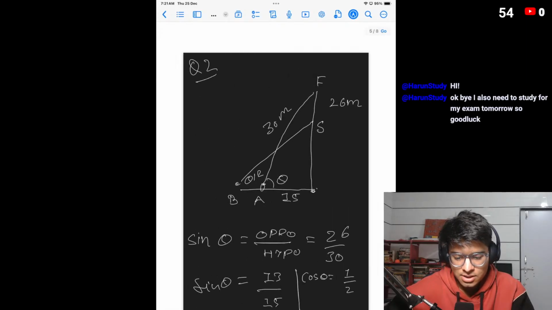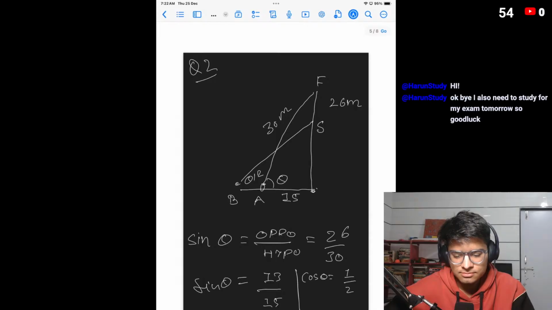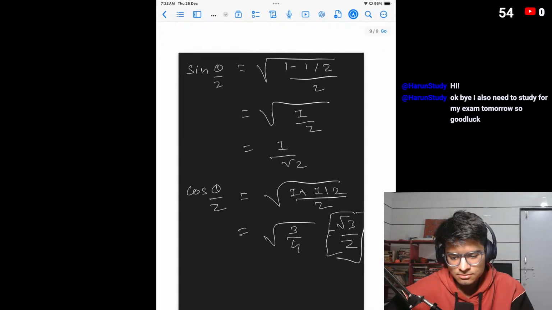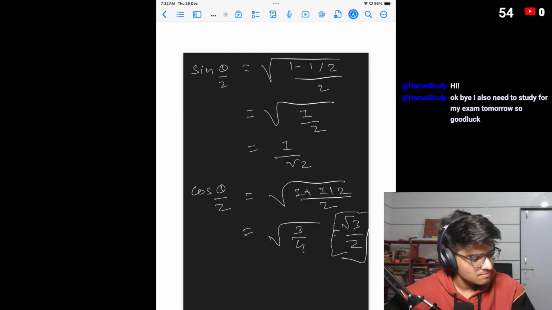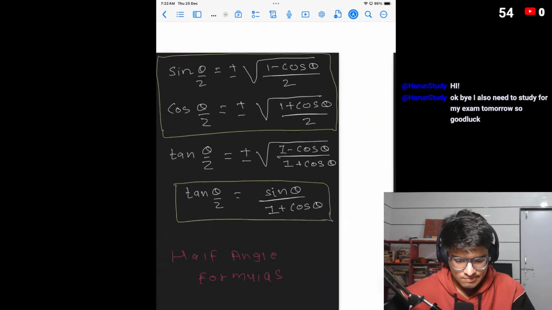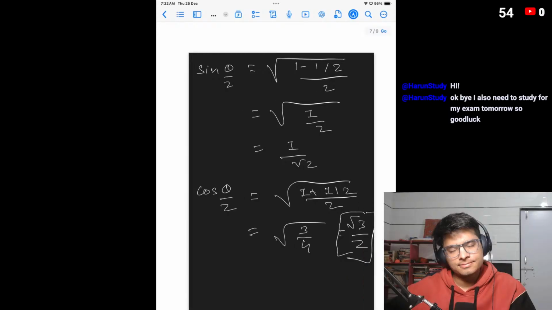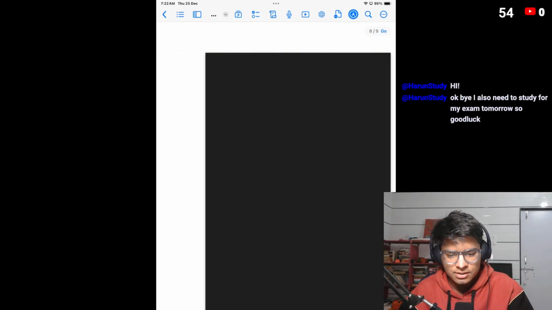So I just need side adjacent. What we know about this side is that it is 15.